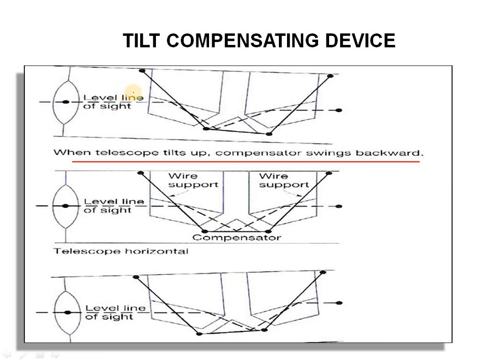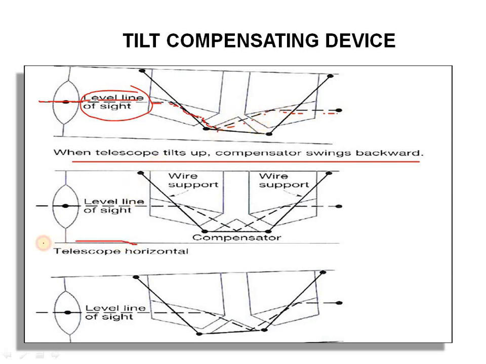You can see here this is the level line of sight. The object here will be tilting, so it is moved up, reflected down, and again reflected upward, and it goes to the object point. So when the telescope tilts upward, the compensator sinks backward.